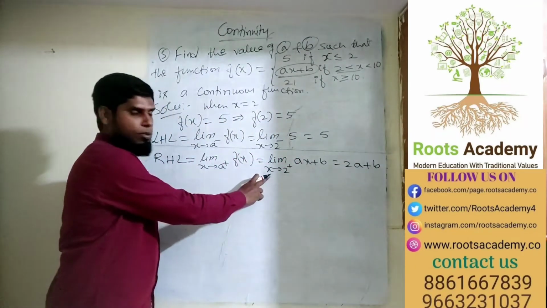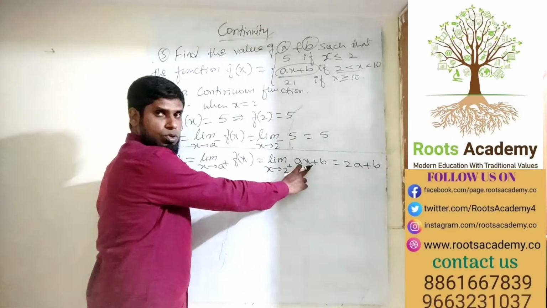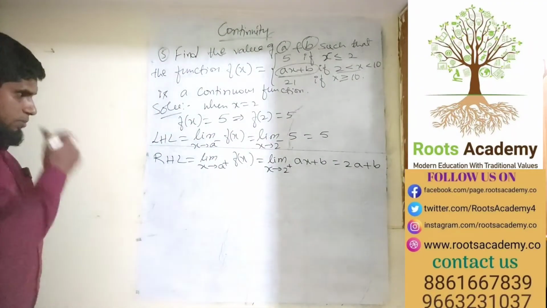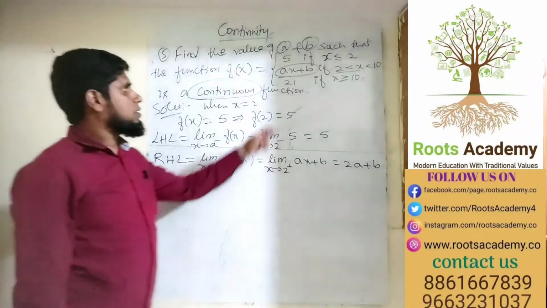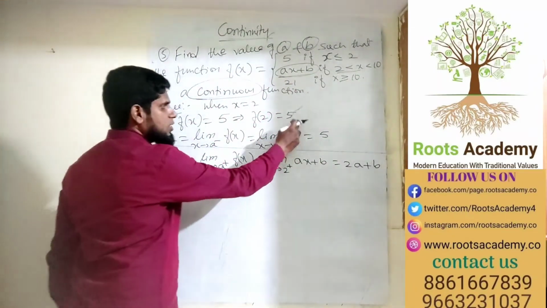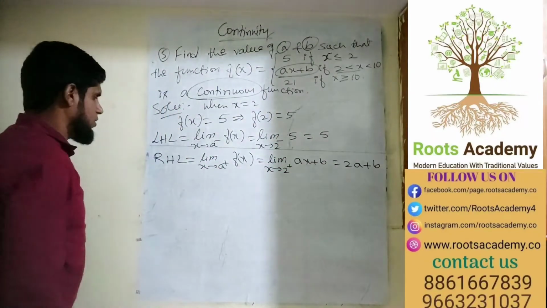As the value of x approaches 2, approximately x is 2, so this becomes 2a plus b. Since it is said that it is a continuous function at these two values of x, we should consider that these three things are equal.